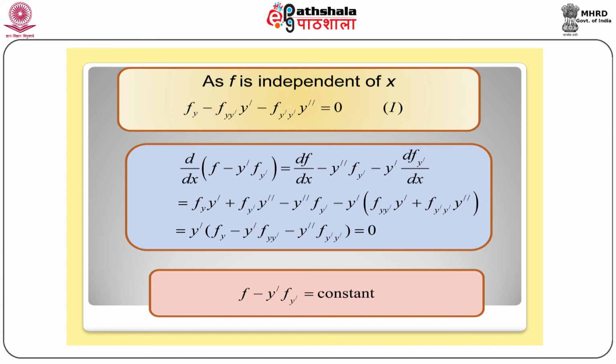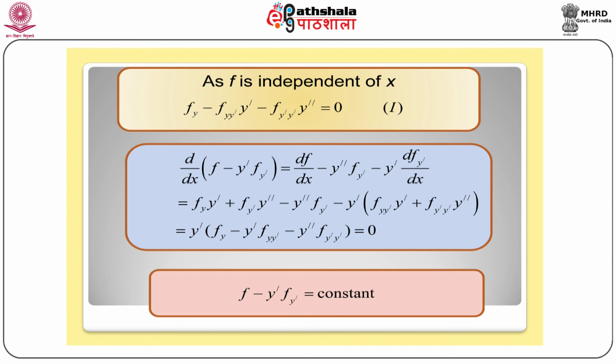Case 1. If f is independent of x, then what happens? In this case, obviously the partial derivative of f with respect to x vanishes. We know that for f which is a function of x, y, y dash, the Euler-Lagrange equation gives ∂f/∂y minus d/dx of ∂f/∂y' equal to 0.